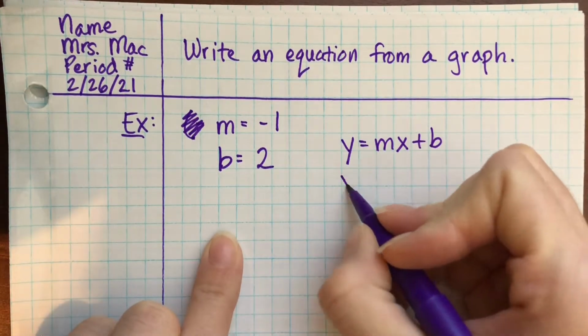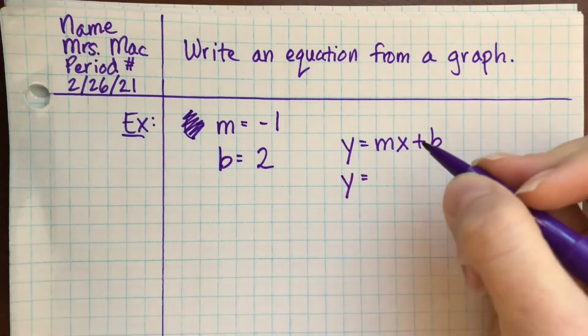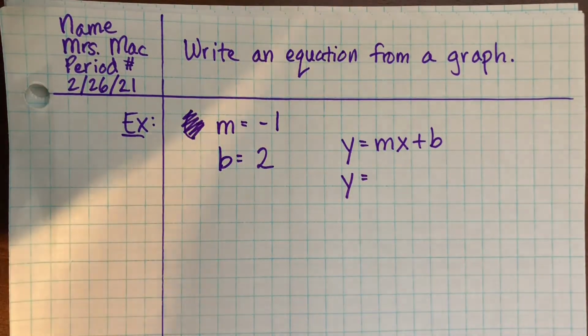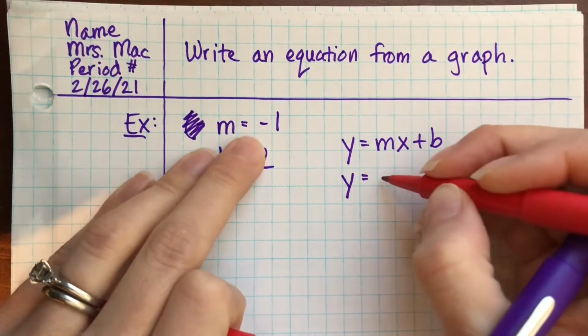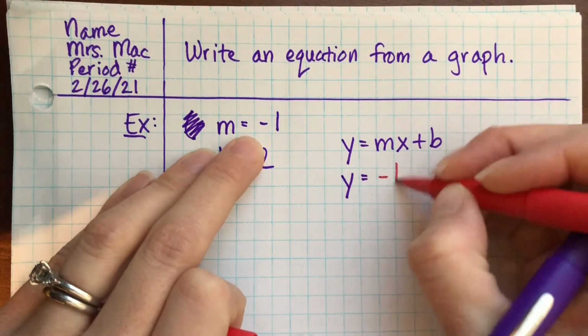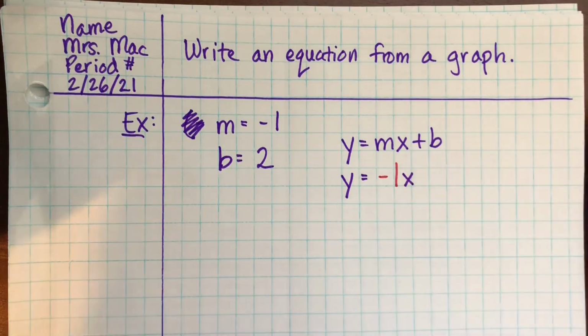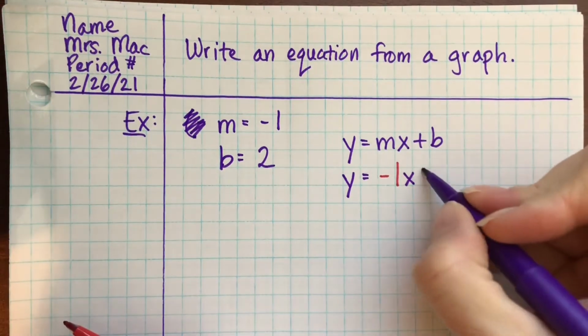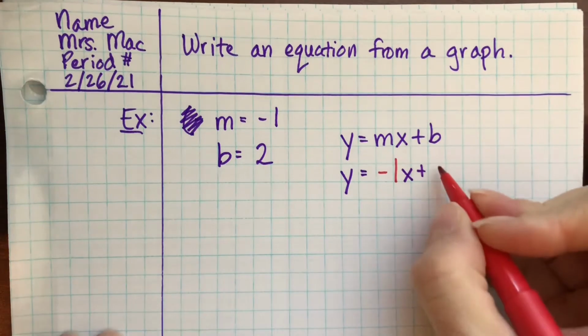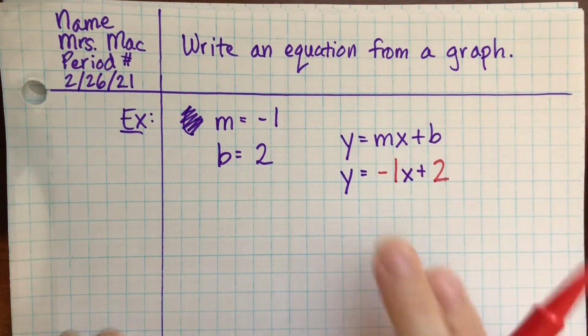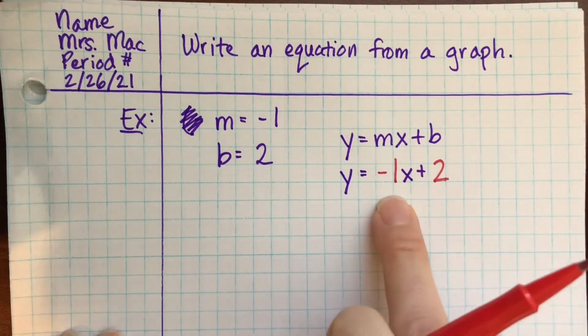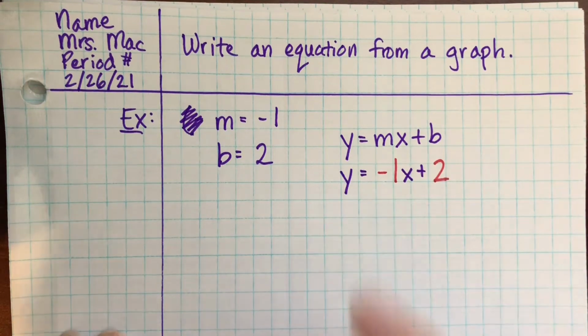All I'm going to do is substitute in here. So instead of putting m, my slope is -1. And instead of writing b, I'm going to go ahead and put 2. Now, whenever you have a -1x, we don't actually have to write that 1.